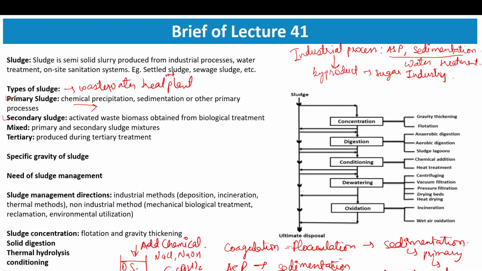So basically, you might be changing the pH, or you might be doing some salt cation exchange. What happens is that whatever dissolved solids are there, when you add the chemical, dissolved solids plus chemical will give you a precipitate. So the reaction is such that a precipitate of the dissolved solid is formed, right?